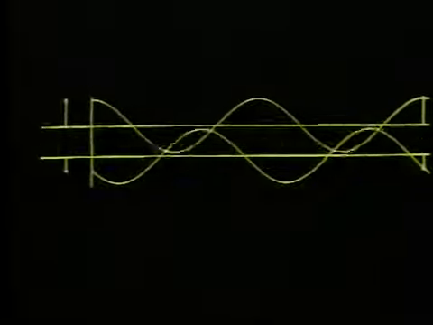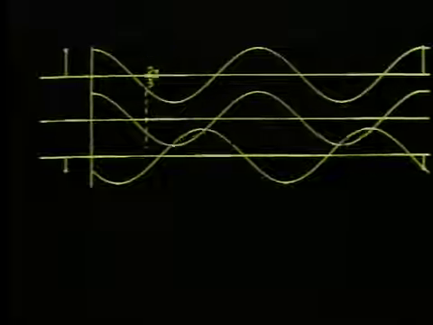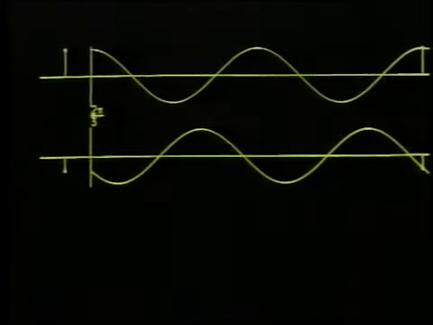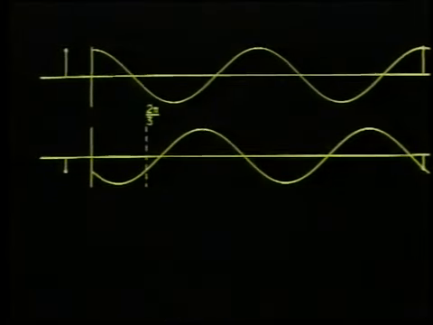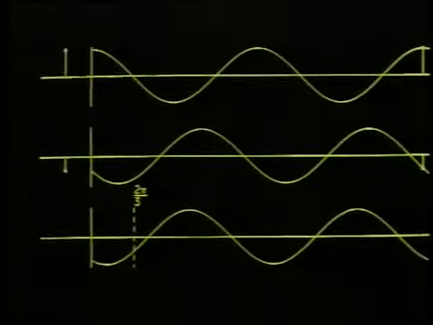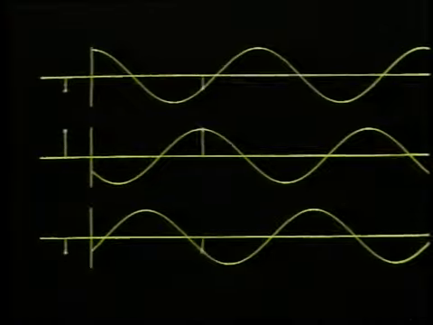Well, that's the top two wires. Remember how these two curves are related. Our third current is a further 2 pi over 3 out of phase. And now we can look at the currents in all three wires at the same time.